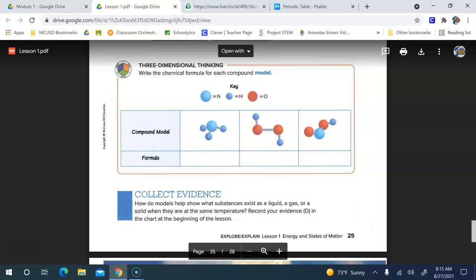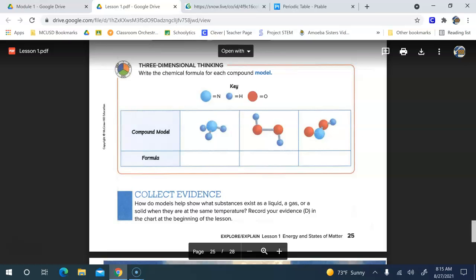Now, a question came up in class: does it matter what order you put it in? At this point, no. When you get into high school, you will learn that there is a particular order to write these in. We're not worrying about that now. Let's do number 1 together. So we see here, this is nitrogen, because you can see that right here.